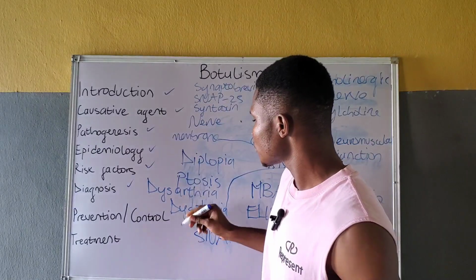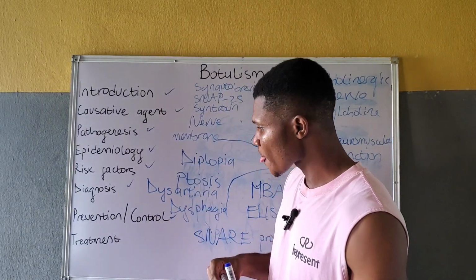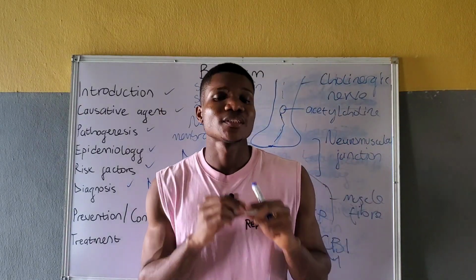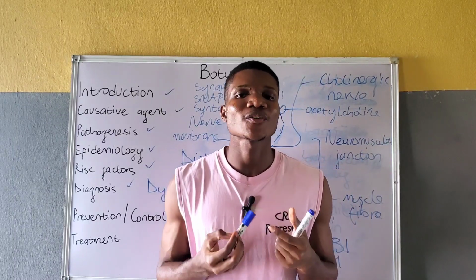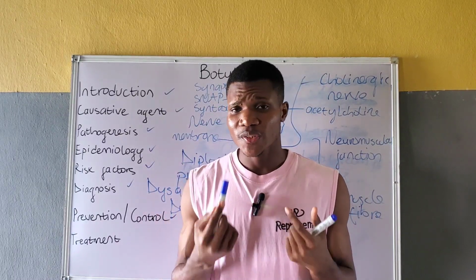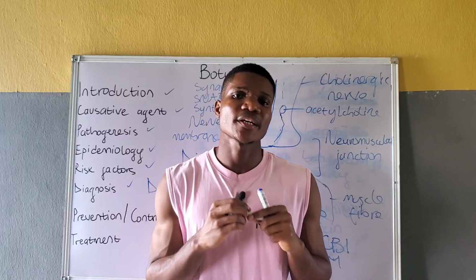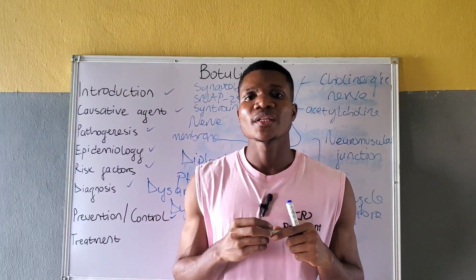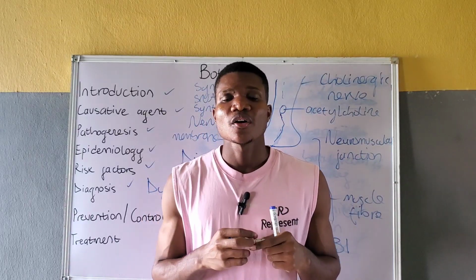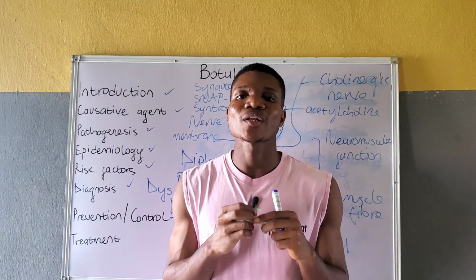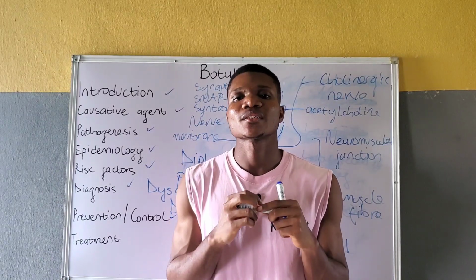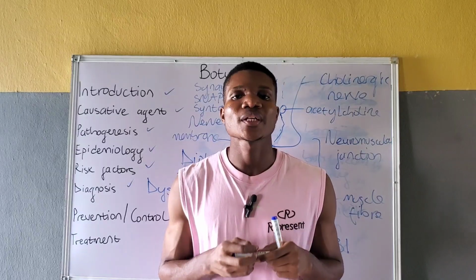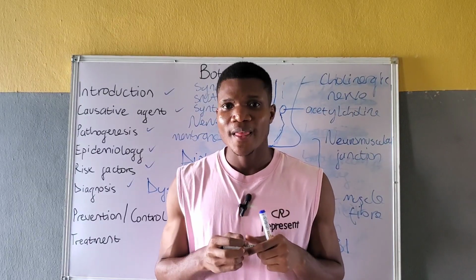Let's talk about treatment. Botulism is a medical emergency and it requires urgent hospitalization, usually in the intensive care unit. Very important. In severe cases, supportive care is employed, particularly mechanical ventilation, as well as nutrition and fluid support.